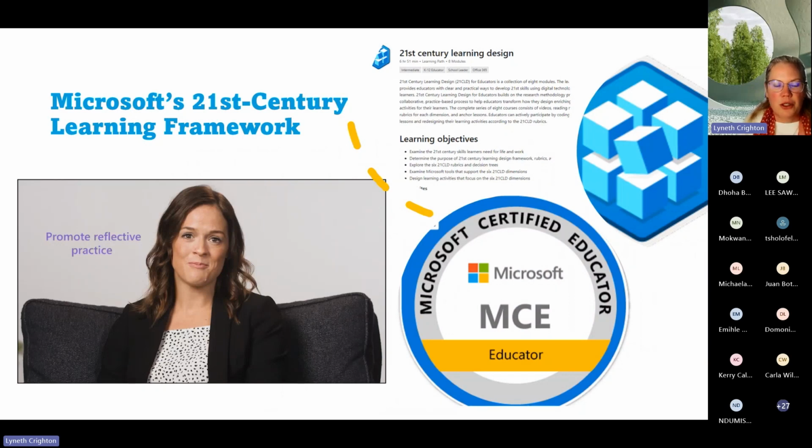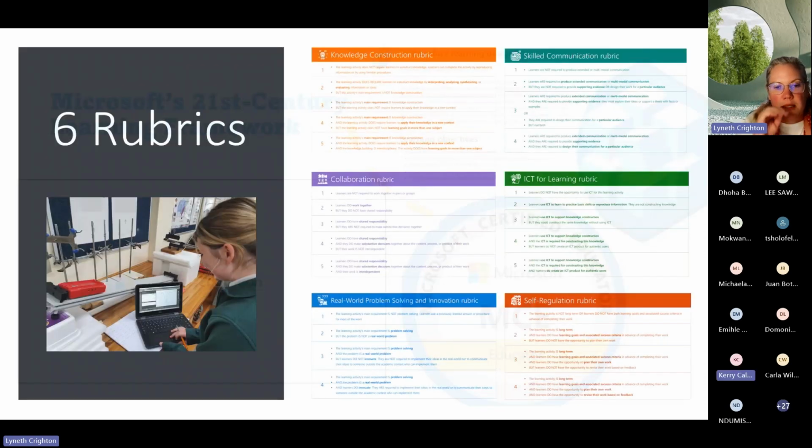So we need to give them the tools and the skills that they need to learn more. So it's based on 6 rubrics, and they are color coded.